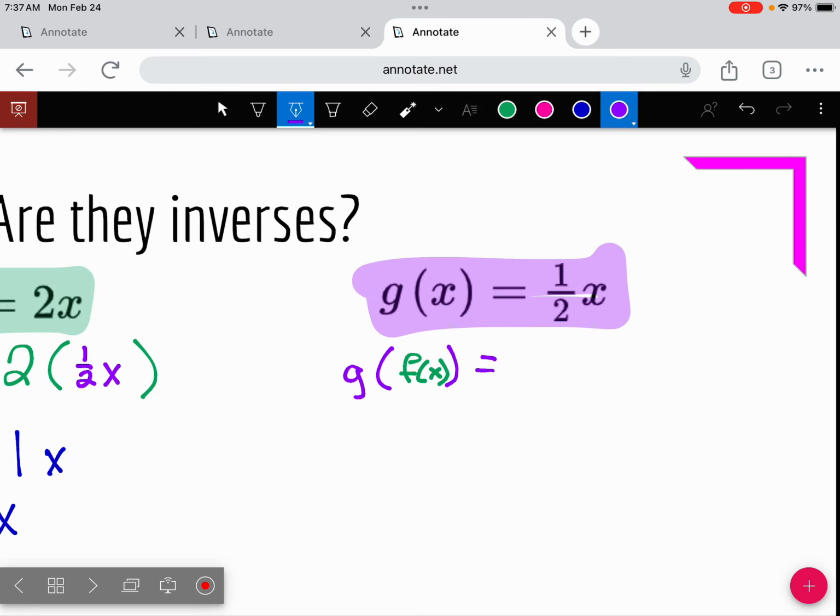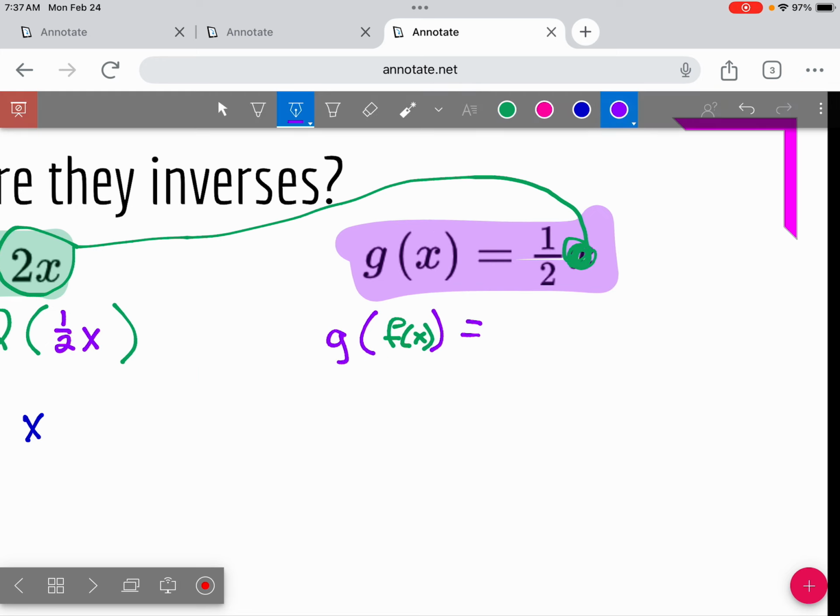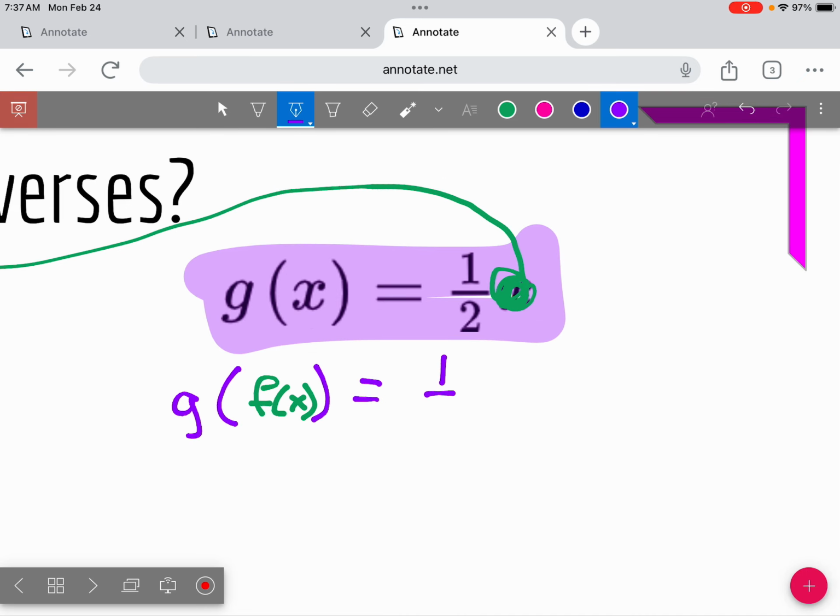So now we're going to take our g of x and we're going to substitute in our f of x in place of the x. We're substituting it in this way now. So our g of x is our 1/2 times something. And what our substitution is, what we're subbing in, is our 2x, our f of x.